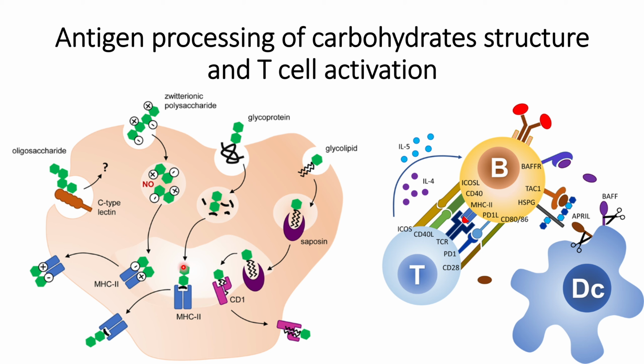Apart from major histocompatibility complex 2, there is another way the antigens can be expressed on the cell surface, and that is with the help of CD1. The process remains the same, except the carrier is CD1 instead of major histocompatibility complex, as we can see here.